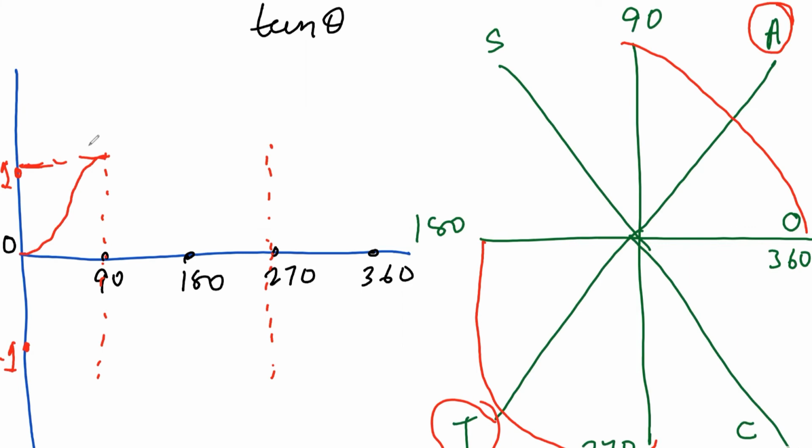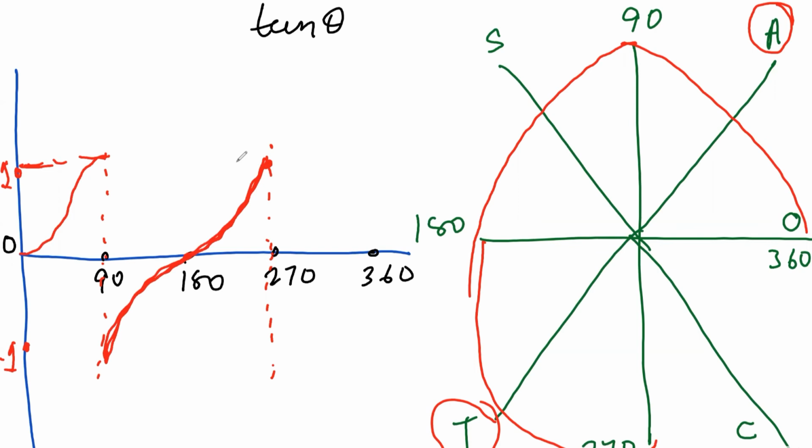90 to 270. If you will see here, 90 to 180, it is negative, right? Again, from 180 to 270, it will be positive. So you will be starting from here. It is negative, right? And then 180 to 270, it is positive. So see the curve, how it is going.